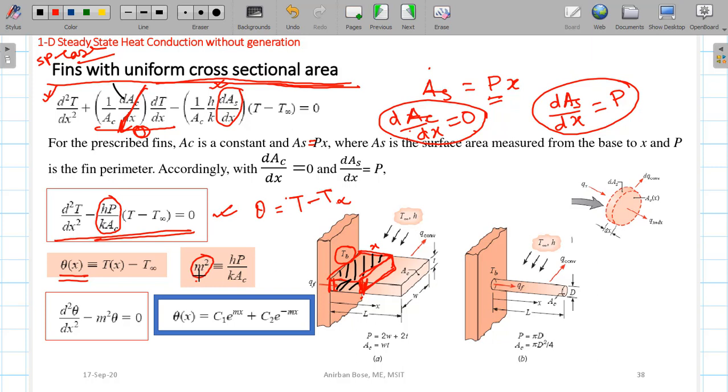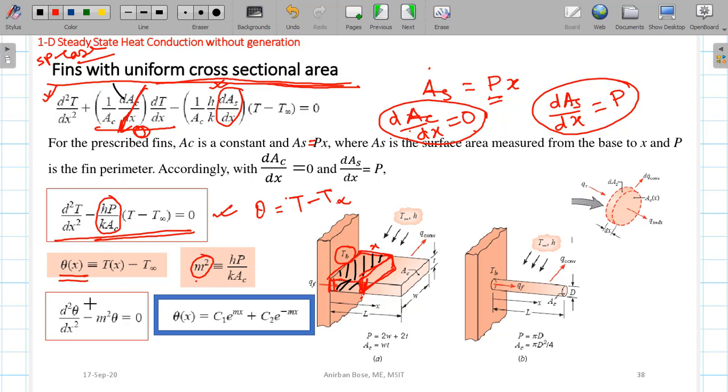It is clear that this term hP by kAc is definitely a positive quantity, no doubt about it, and it is given as m squared because in the final solution you will find that the square root of this quantity comes in the expression, so it helps if we initially consider a square term. So m squared is equal to hP by kAc, and theta we have defined as T minus T infinity.